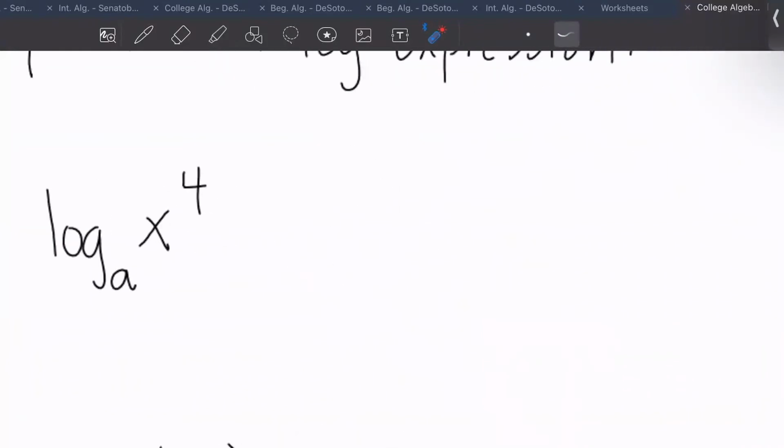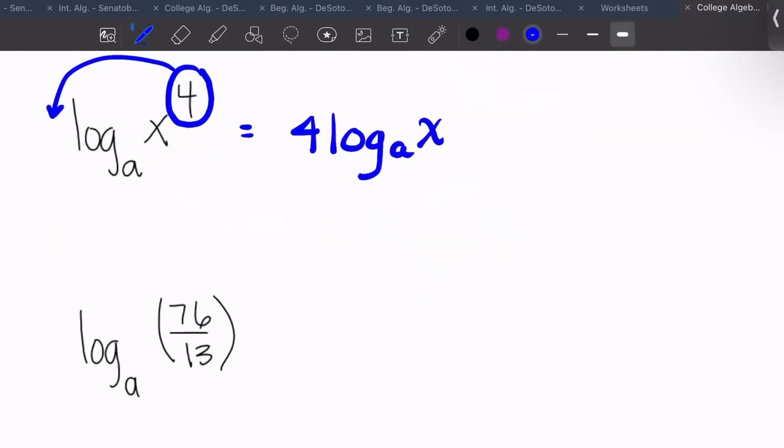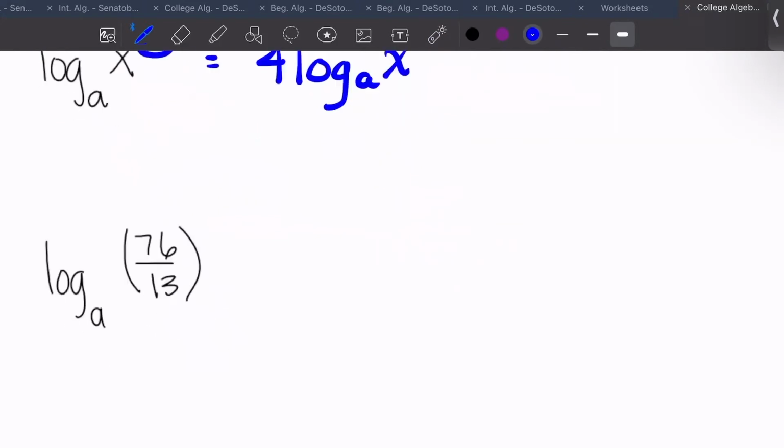So here we have log base a of x to the fourth power. This would be the power rule because we need to take this 4 and move it out front, okay? So we would get 4 times the log base a of x. And that's it, okay? That's expanding that logarithm.